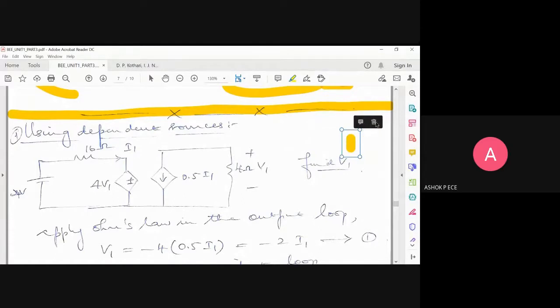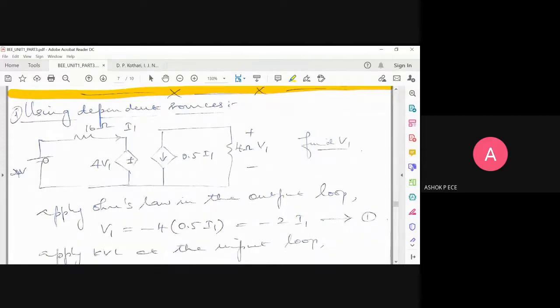See, there is no difference in dealing with dependent sources. As usual, you apply KVL and KCL. How did we do it for independent sources? There is no separate logic. We are going to use it here. And see here, these two loops, are they connected or not connected? Connected, sir. How?